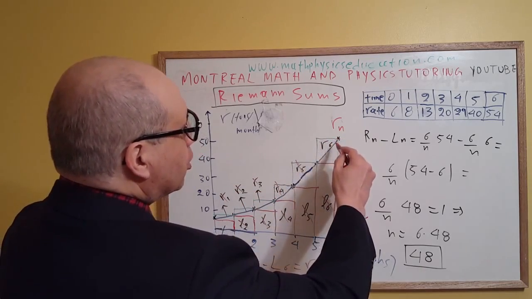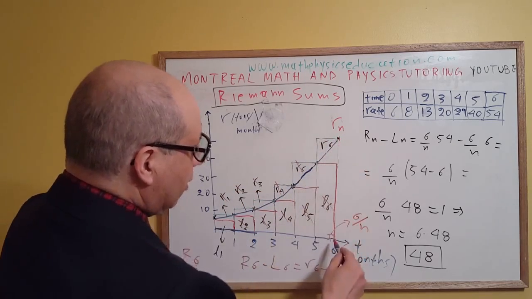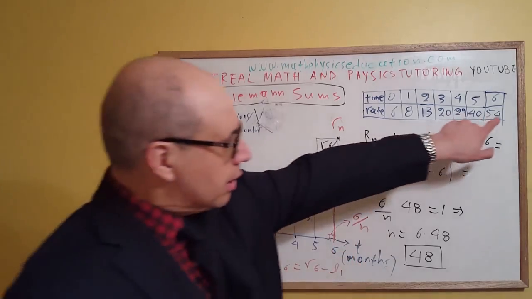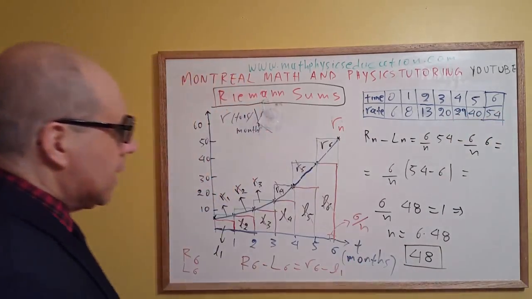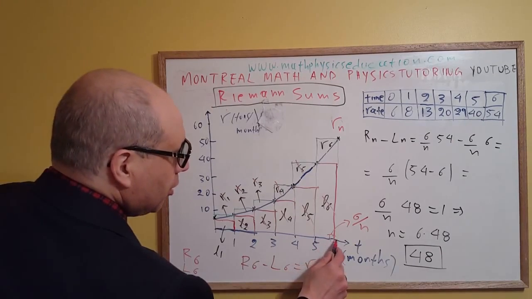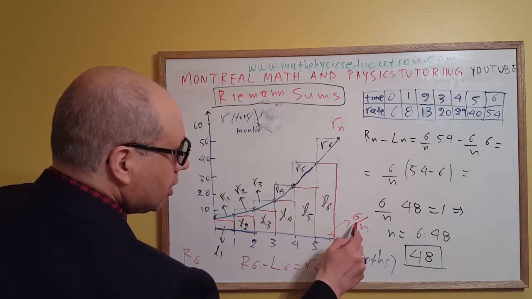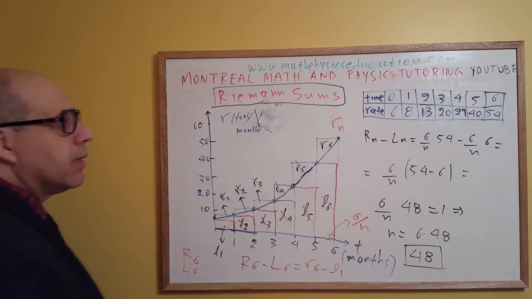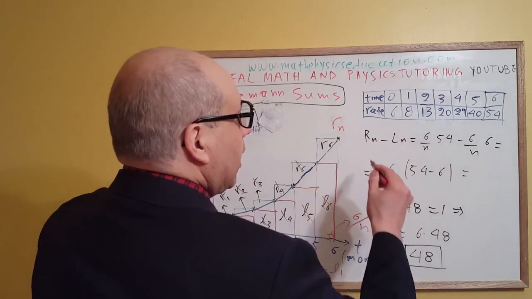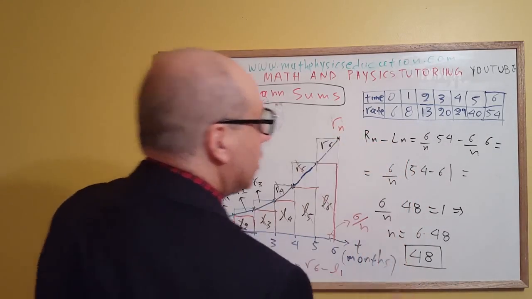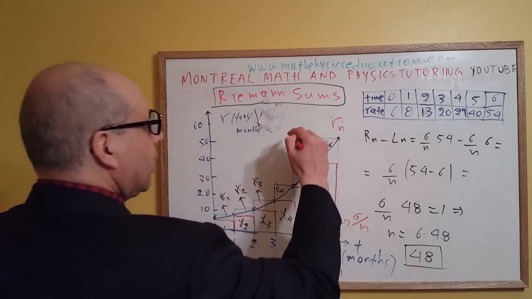The length will be equal with all of these, which is 54. And the width, we said, is this here, which is 6 over n. So that's the Rn.